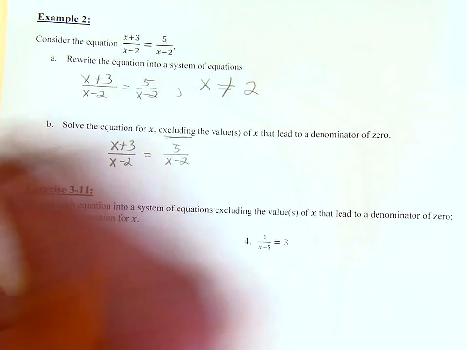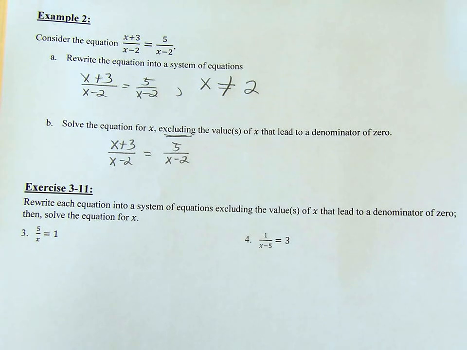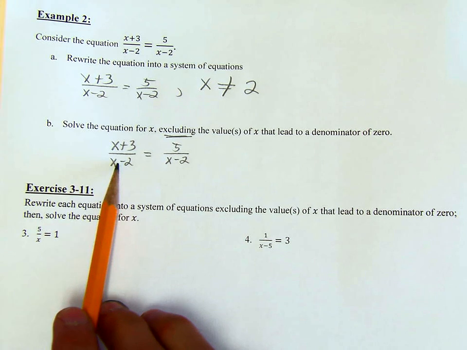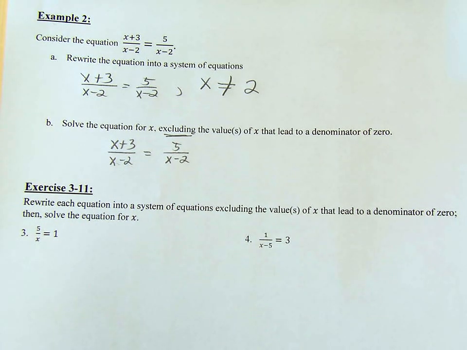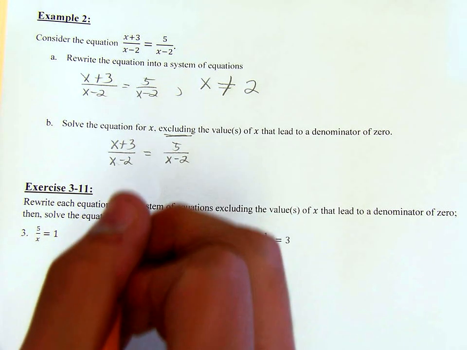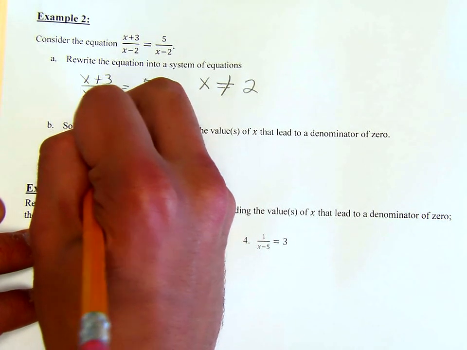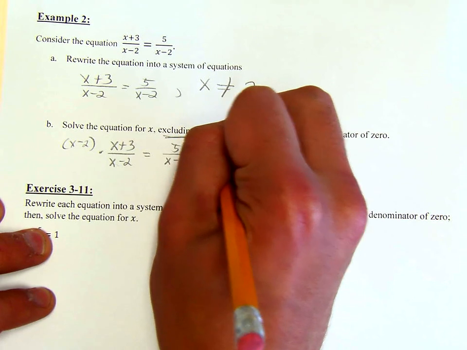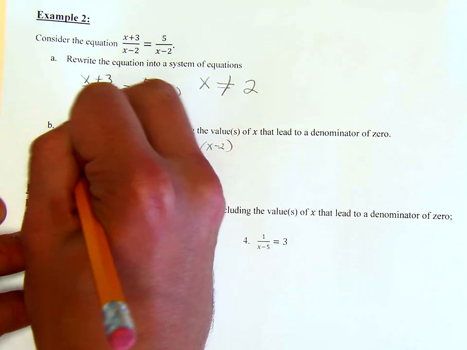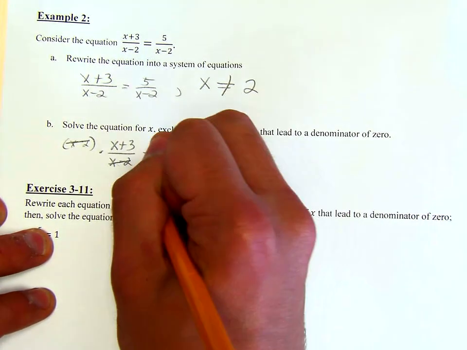Well, our common denominator is x minus 2, because there's an x minus 2 and an x minus 2. So what we're going to do is multiply both sides by that common denominator of x minus 2. So those will cancel, and we'll get that x plus 3 is equal to 5.